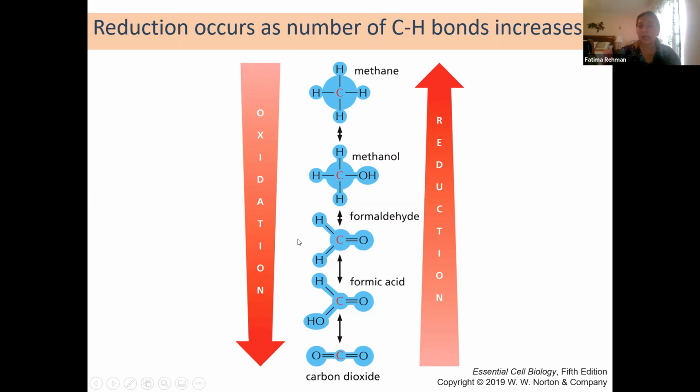As it is oxidized more and more, each time you're essentially adding an oxygen bond to it. In methanol, there is a single oxygen bond, a hydroxyl. In formaldehyde, there is a double oxygen bond. In formic acid, there's a double oxygen bond and then a hydroxyl. So each time you're replacing one of the hydrogens with an oxygen bond. And in carbon dioxide, it's going to be 2 double bonds with 2 oxygens.